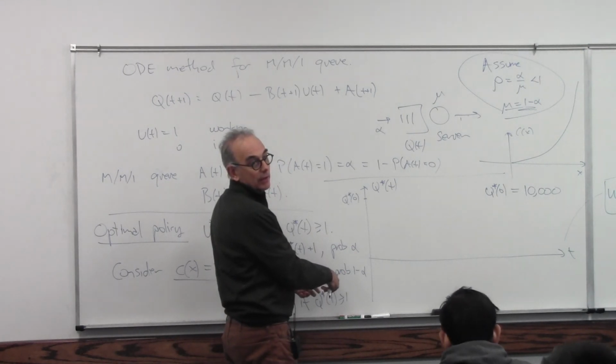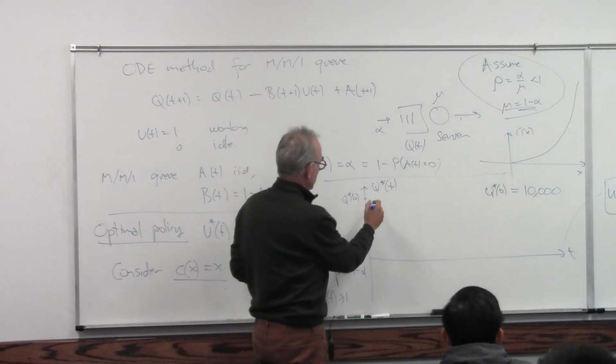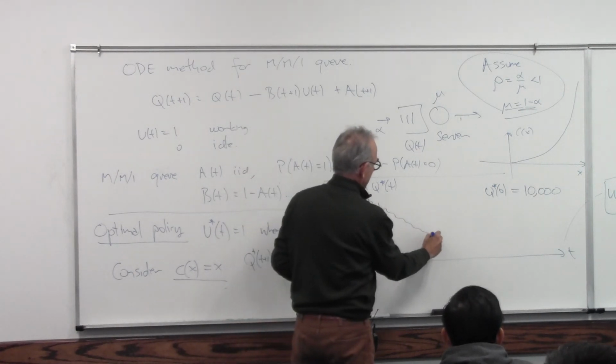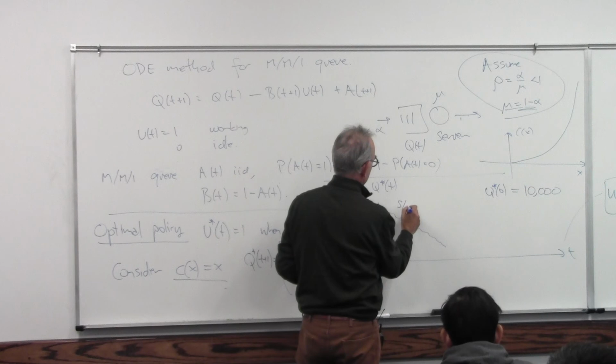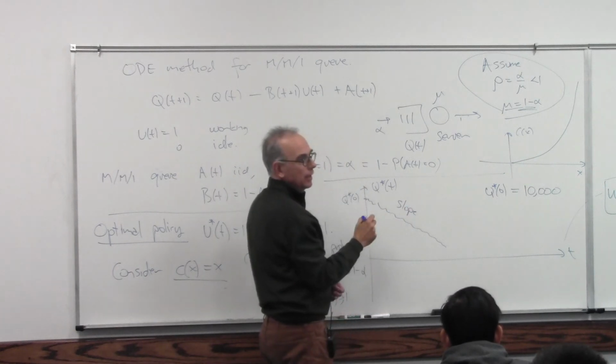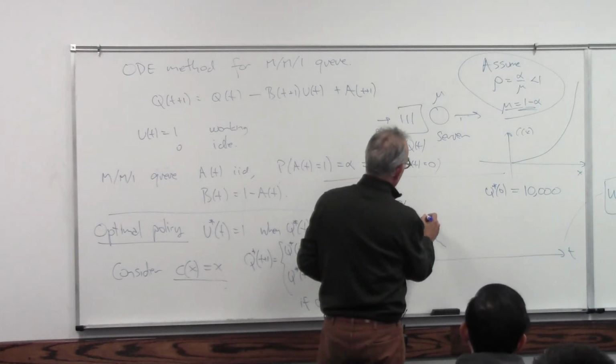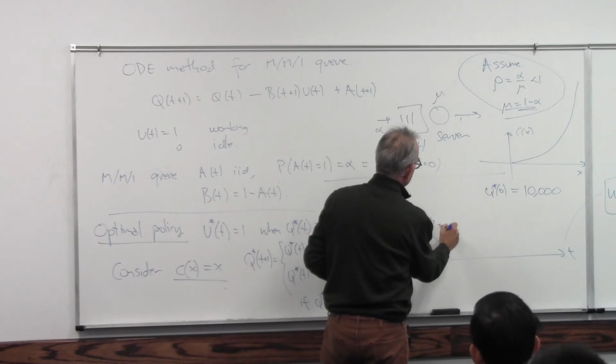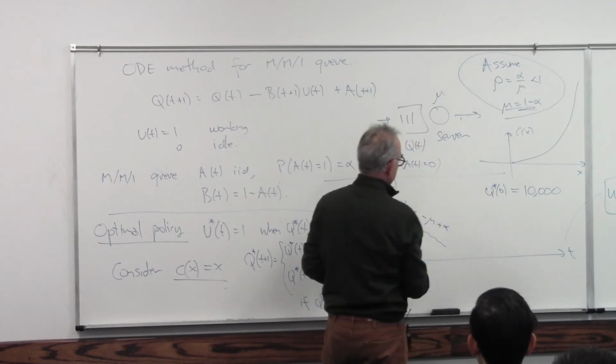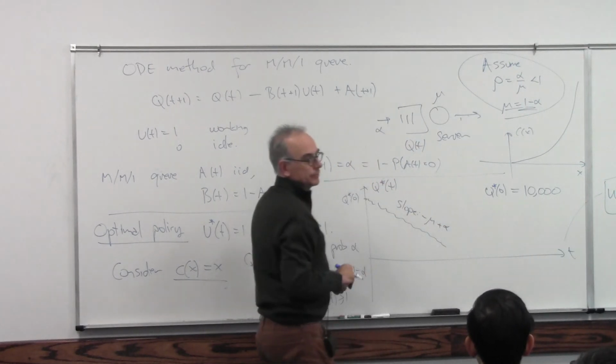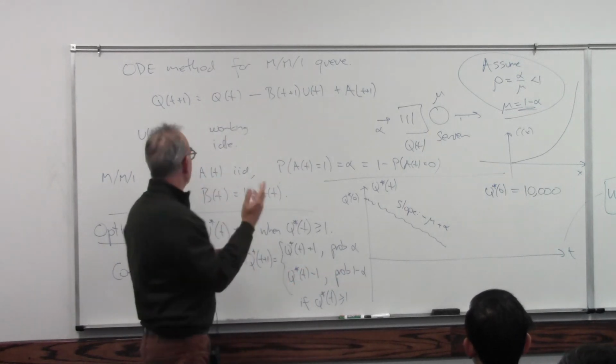And so you've got a slope here of approximately minus mu plus alpha. Take a look at it.